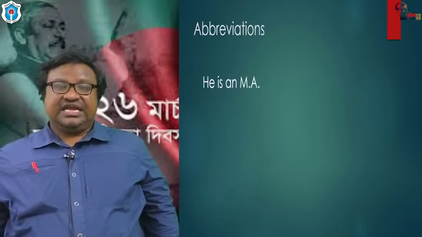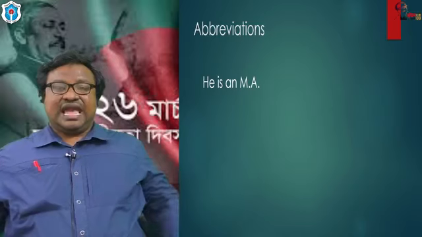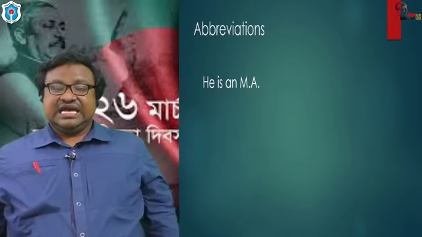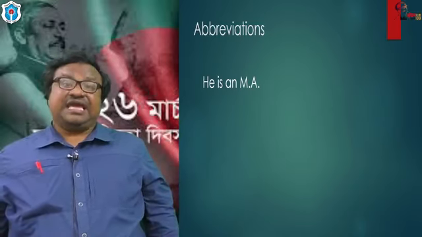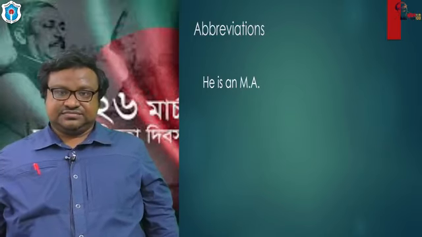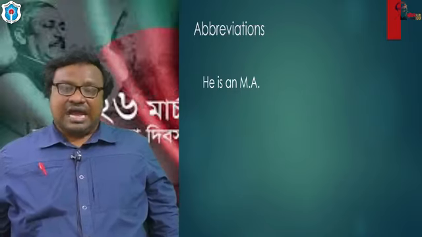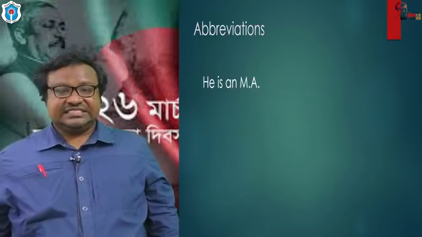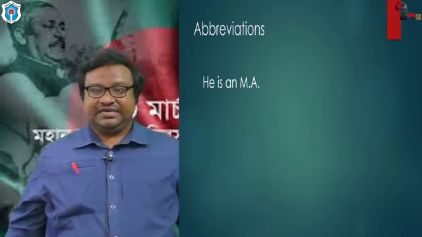Then abbreviations. When we are abbreviating, like "He is an MA." So here MA refers to Master of Arts. Now, in each case, the abbreviations will be in capital letter.